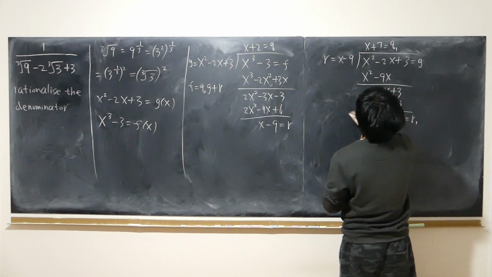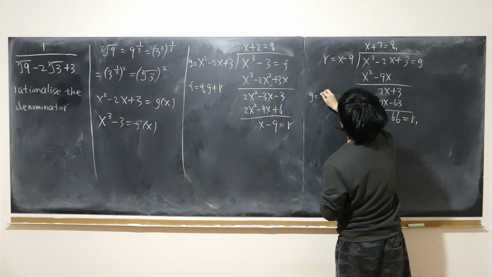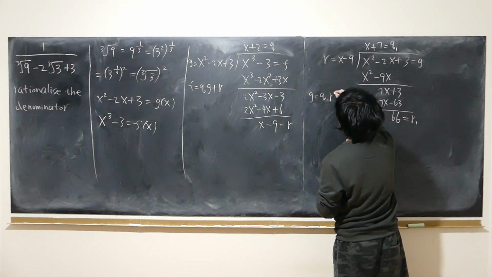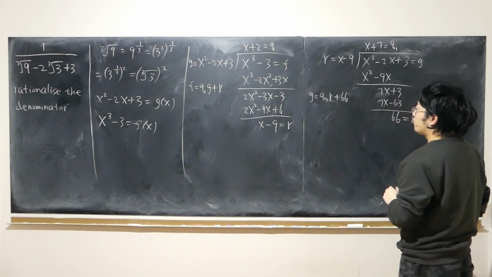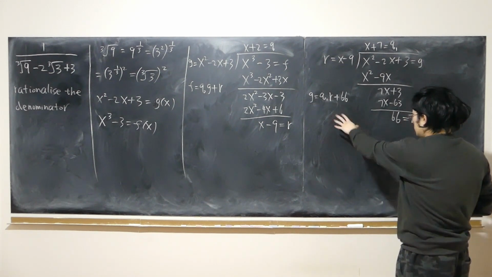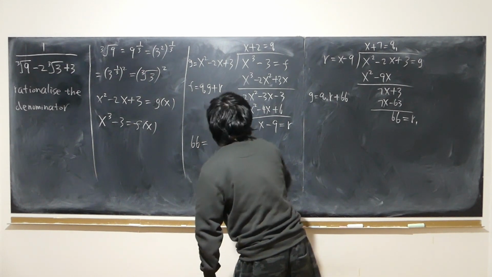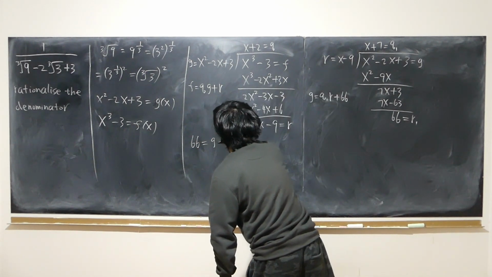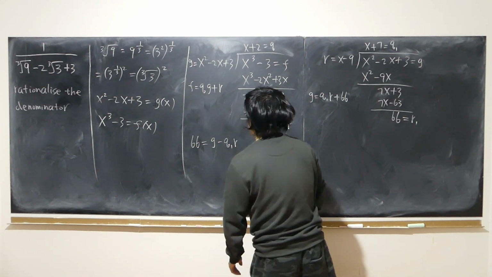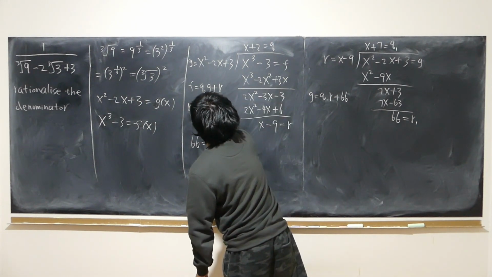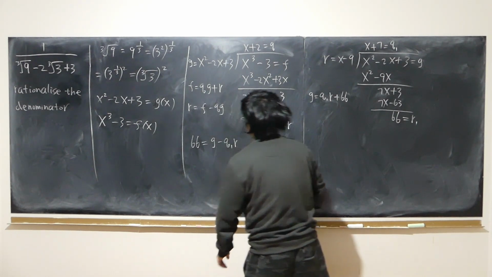Again, let me rewrite it: the dividend g can be written as the quotient times the divisor plus the remainder, 66. Now I can isolate 66 into g minus Q1 r. What is that? Remember, r can be isolated into f minus Q times g.